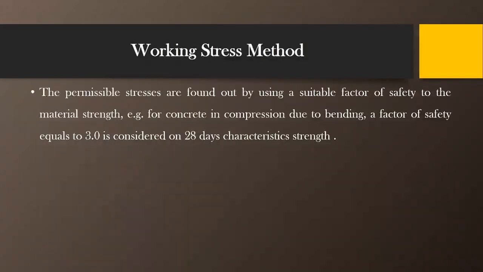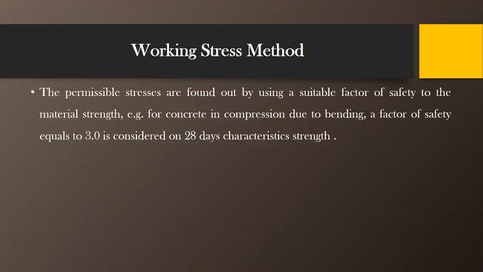The permissible stresses are found out by applying a suitable factor of safety to the material strength. For example, for concrete in compression due to bending, a factor of safety equal to 3 is considered on the 28 days characteristic strength.